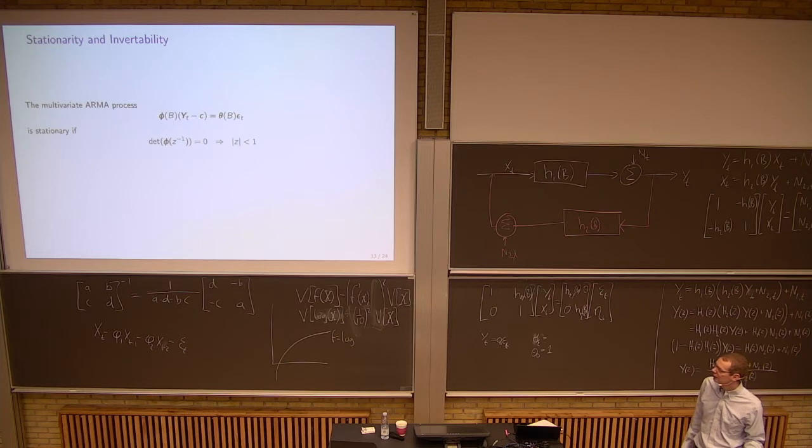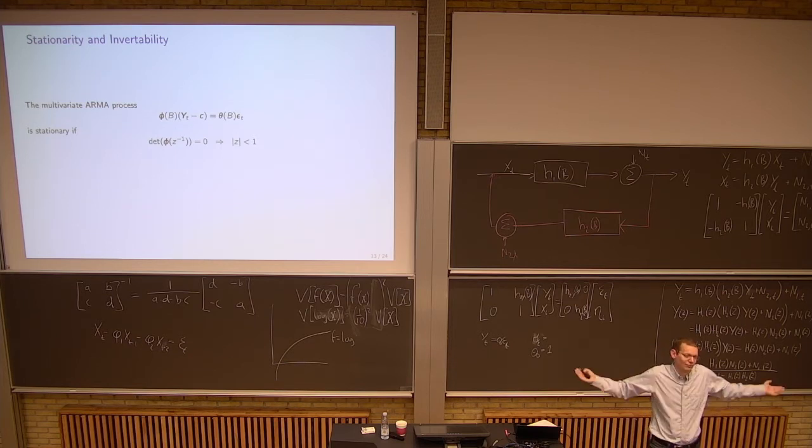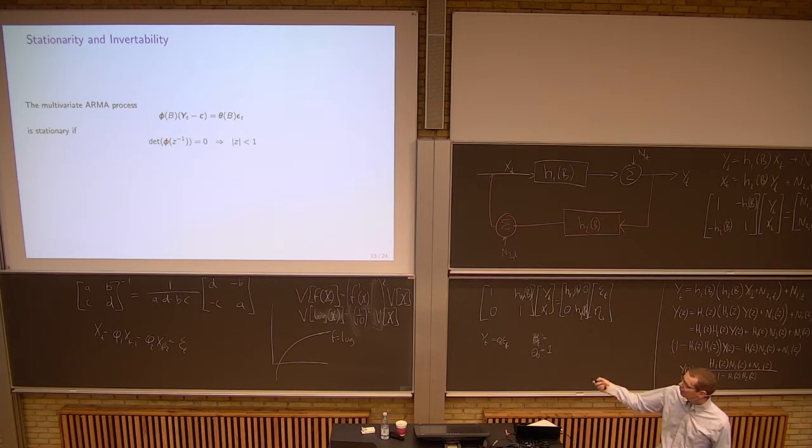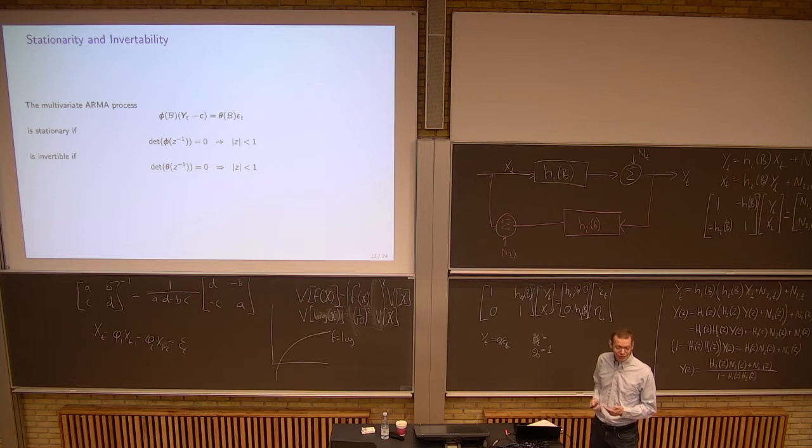Exactly. Now, when you have a multivariate system, rather than just doing phi of z inverse, you take the determinant of phi of z inverse and solve that equal to 0. Same, right? And the criterion again is that all the poles are inside the unit circle. Invertibility is the same thing: are all the zeros inside the unit circle.